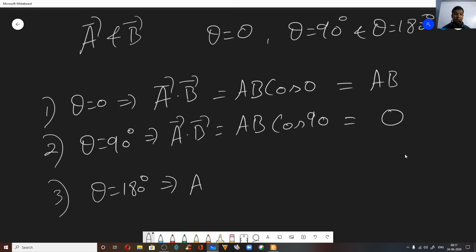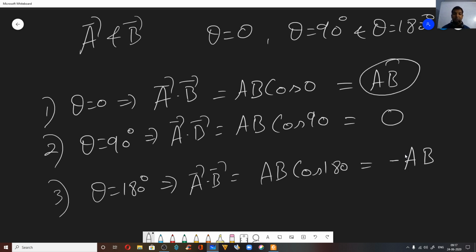So a dot b is ab cos 180. Cos 180 is minus 1, so you'll get minus ab. Remember these are just magnitudes; ab simply tells you the product of the magnitude of a with the magnitude of b. So the first case is ab, the second case is 0, and the third one is the negative of the product of the magnitudes of a and b.